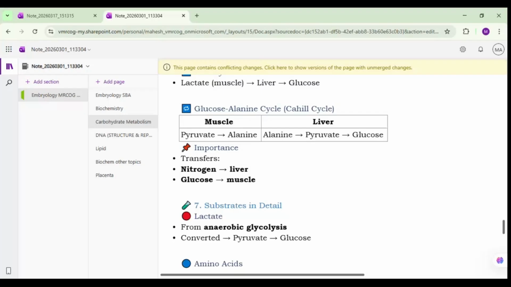A small topic is the glucose alanine cycle, that is the Cahill cycle. Pyruvate is getting converted to alanine in the muscle. This alanine goes to the liver and again gets converted into pyruvate, and from pyruvate to glucose, that is the Cahill cycle. The importance is that there is a transfer of nitrogen to the liver and glucose goes to the muscle.